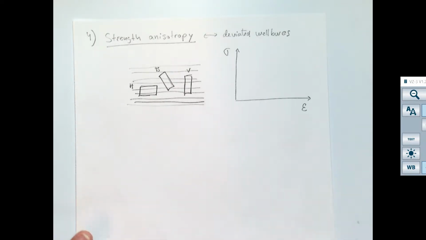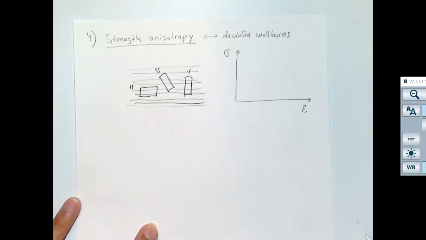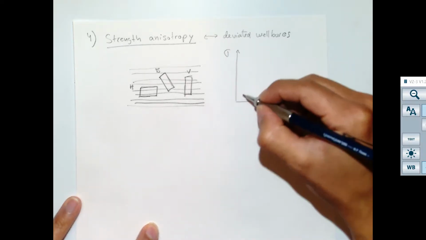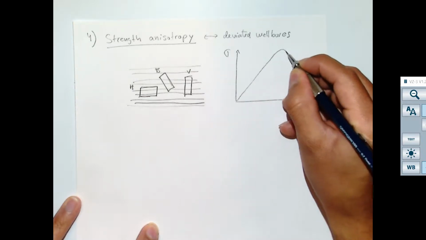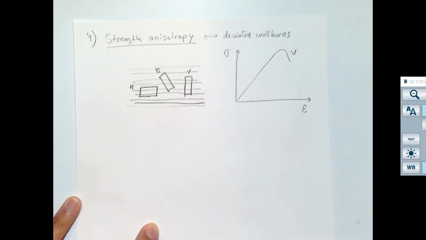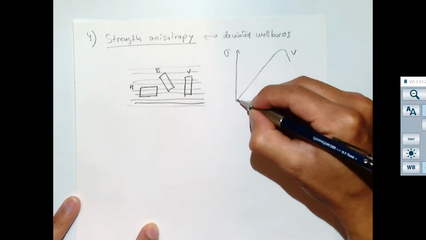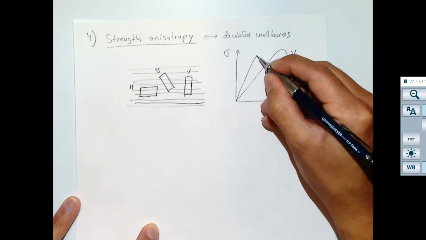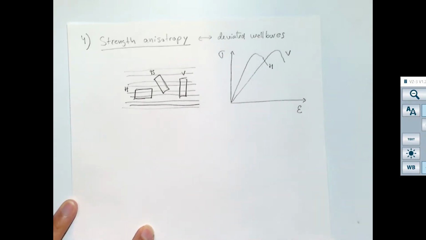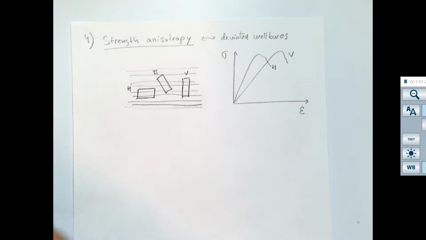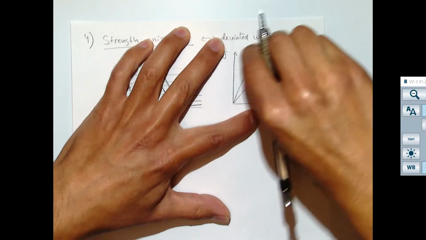But what you see most times is that the vertical rock is going to be the strongest. The horizontal rock is going to be stiffer but weaker than the vertical. Let me exaggerate that a little bit more to make the point.